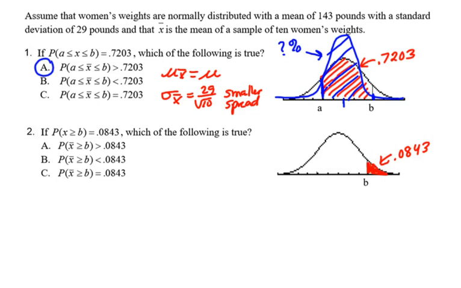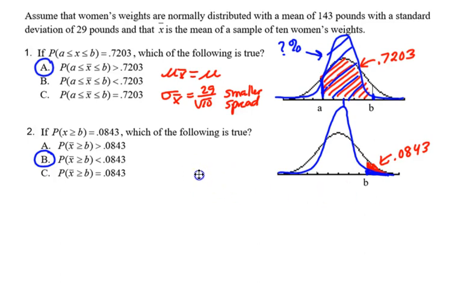Once again, let's draw our sampling distribution, which is going to be taller and narrower. Now we're looking at the proportion of values that are greater than B, and we can see clearly that it's going to be less than 8%. So the answer is B. It is more likely for X bar to be closer to the mean and less likely for X bar to be farther away from the mean than X.